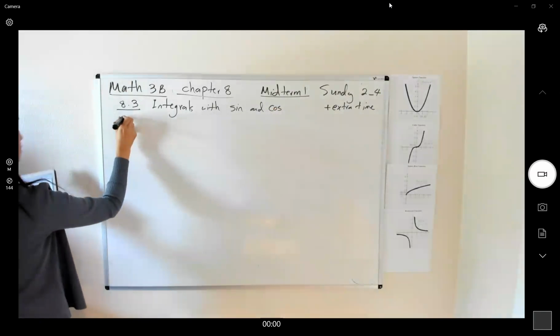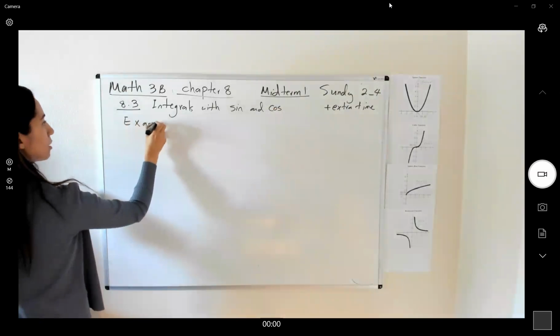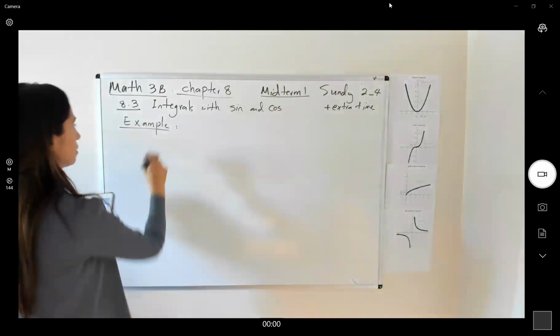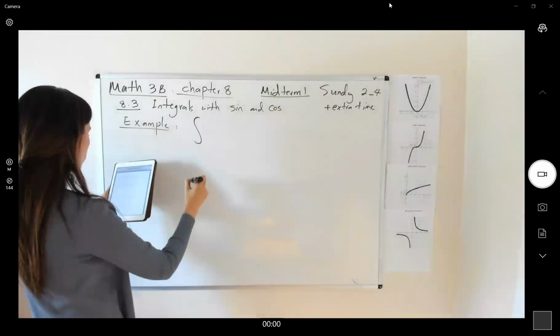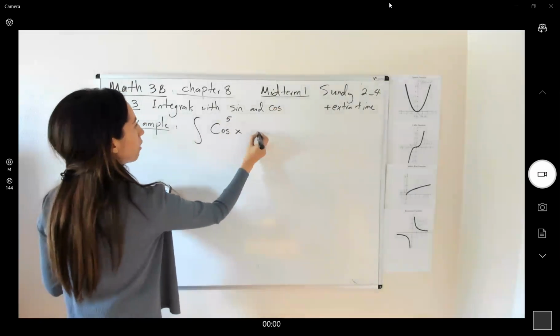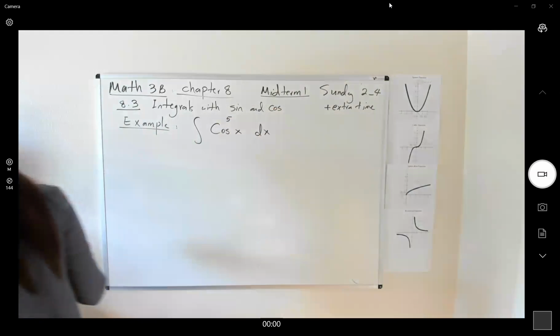So let's go over one example to see what's going on. Suppose you have the integral of cosine to the fifth of x dx.